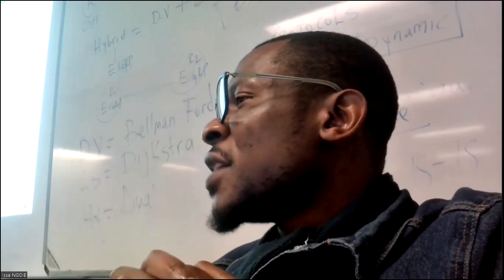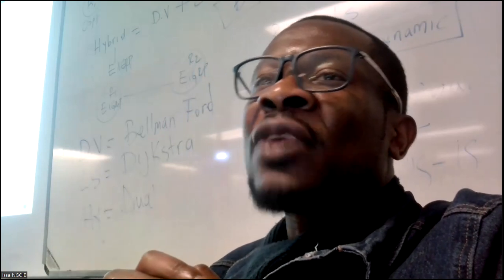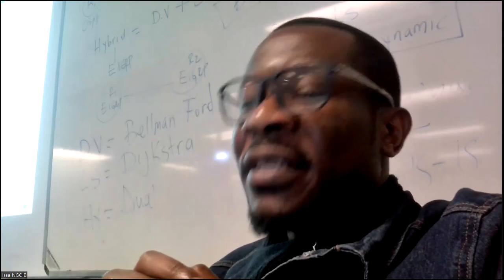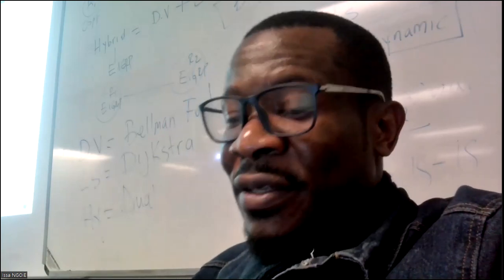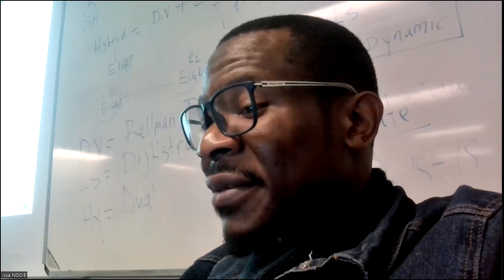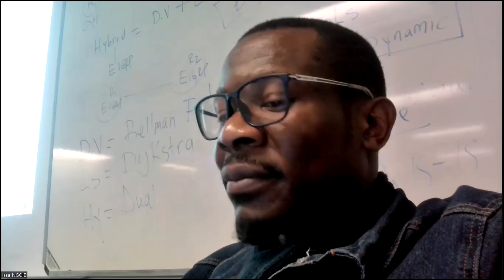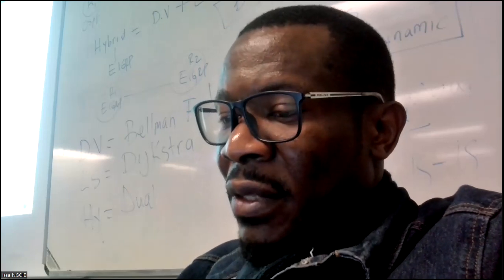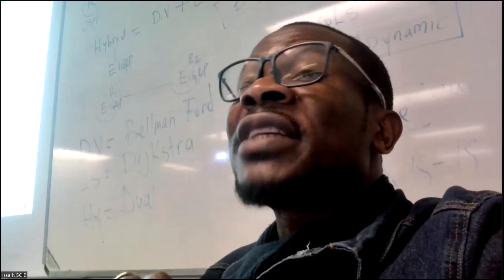So simple definition, what is a network? A group of objects. Those objects, they are connected, right? And those objects, they are connected using what? Wires, right? They are connected using what?